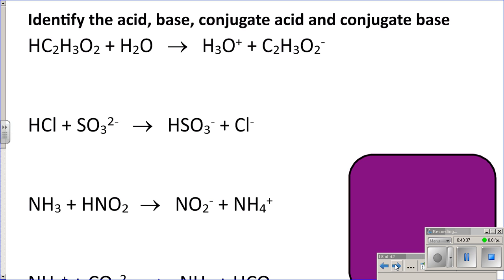Let's assess this. What's happening to acetic acid from reactants to products? It what? So there's another word for that? Donated a proton, right? It donated its proton to water. So what is this? An acid, right? A Bronsted acid is a donor. So if that's the acid, where is its conjugate base?